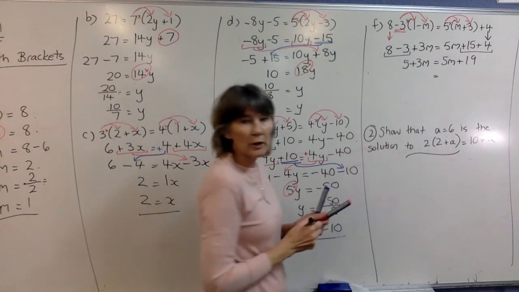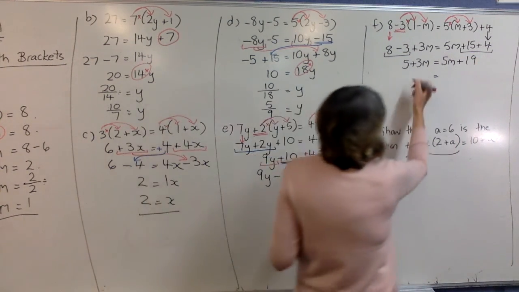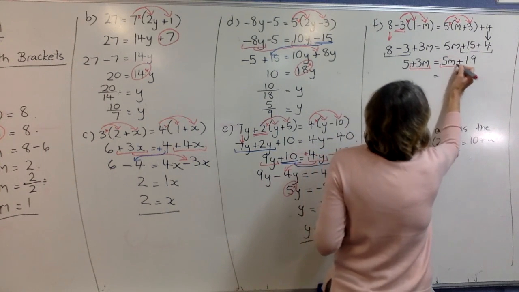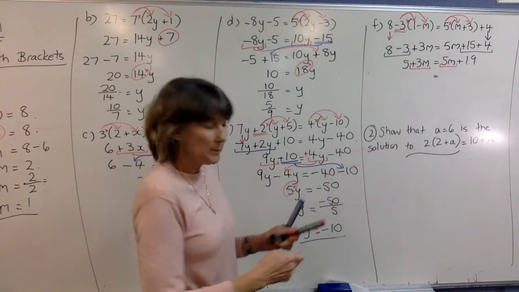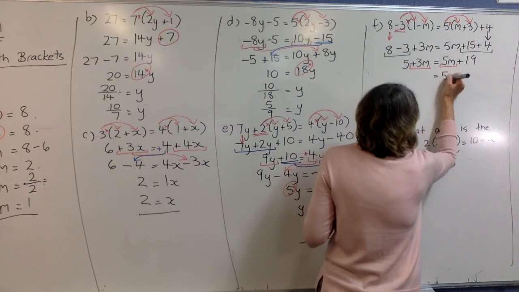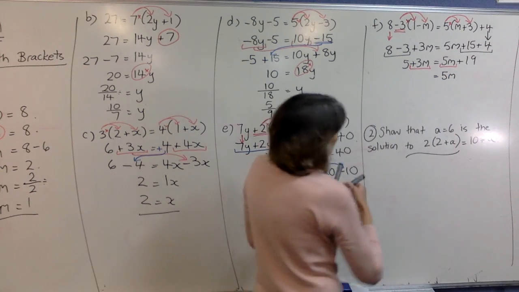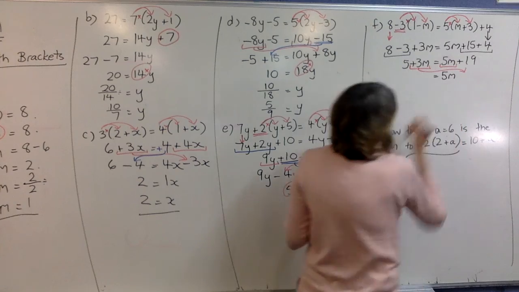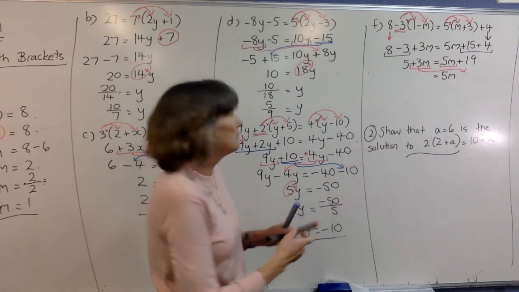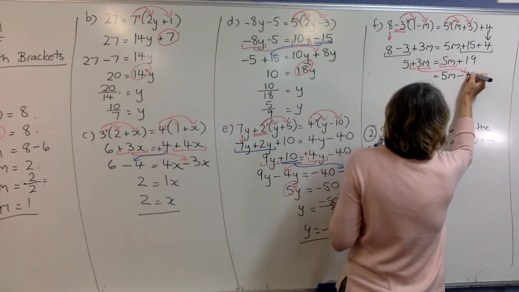Majority rules. Let's look at the m's. Which one's bigger? 5m's bigger, so it stays. The other one's coming across to join it. So plus 3m comes over to the other side and becomes minus 3m.